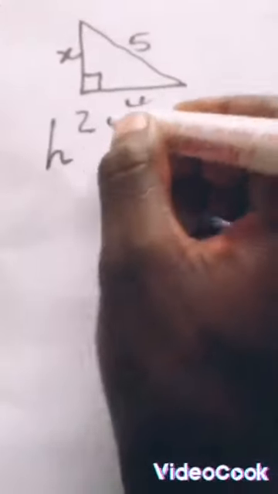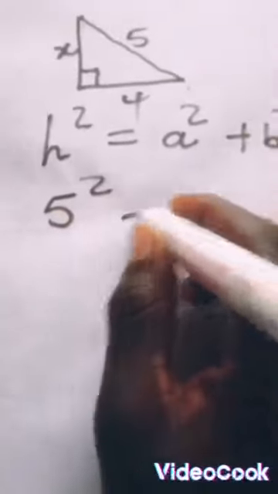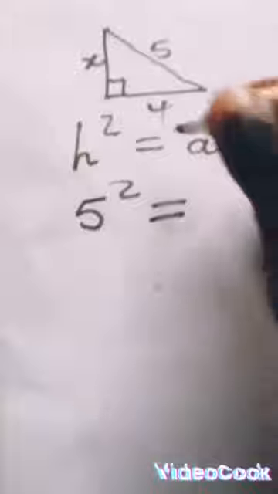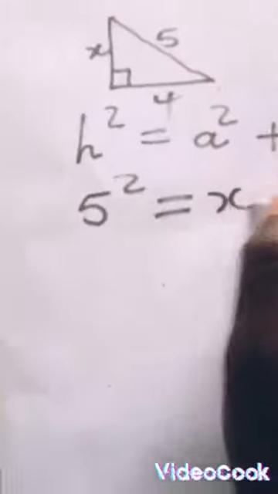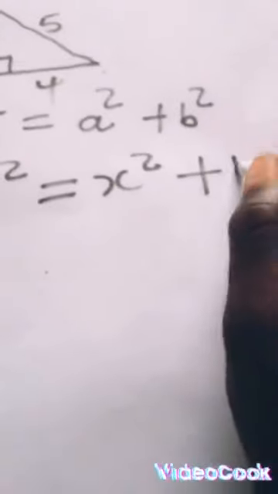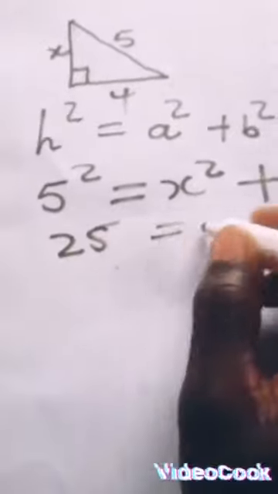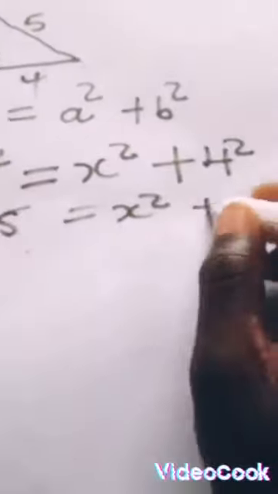So the hypotenuse is the longest side, so we say 5 squared is equal to a squared, which is our unknown x, so x squared, plus b, which is 4 squared, right? Then we get 25 is equal to x squared plus 16.